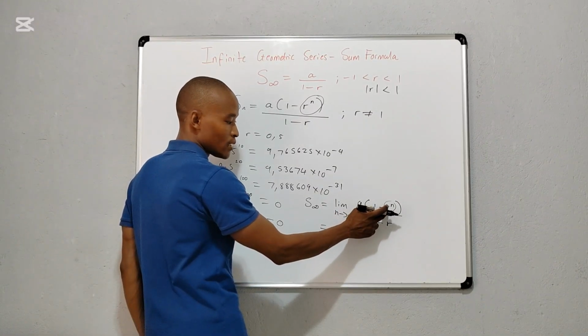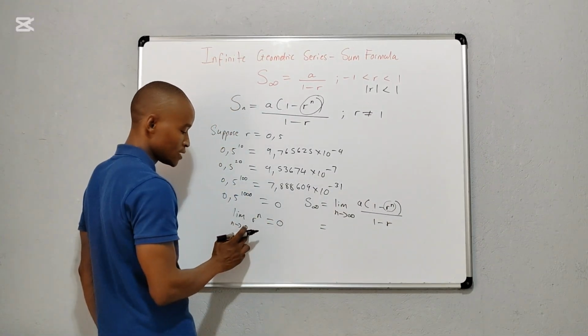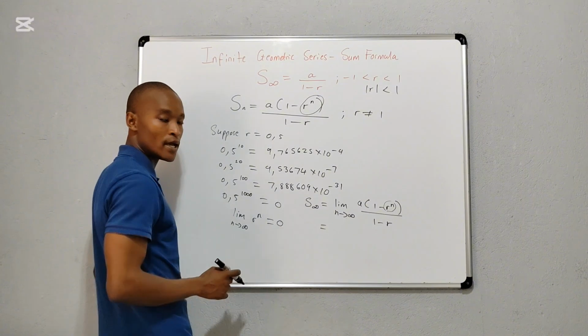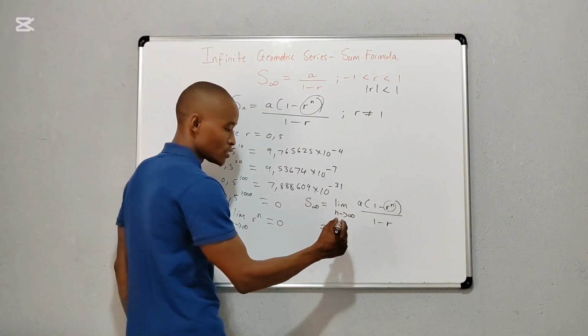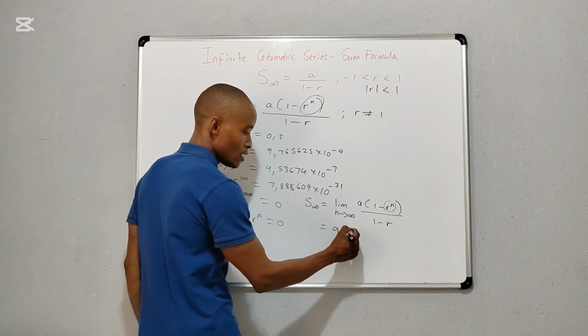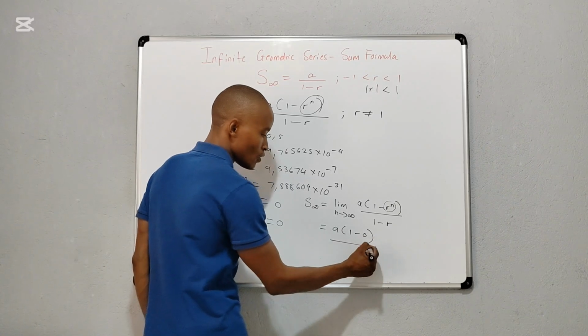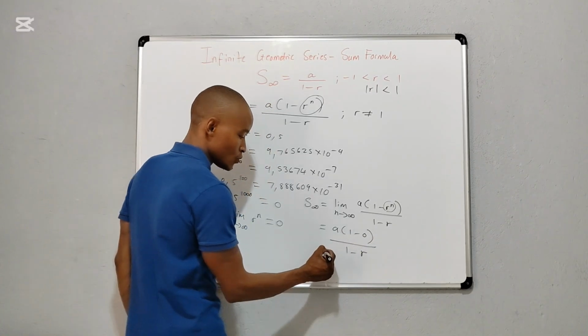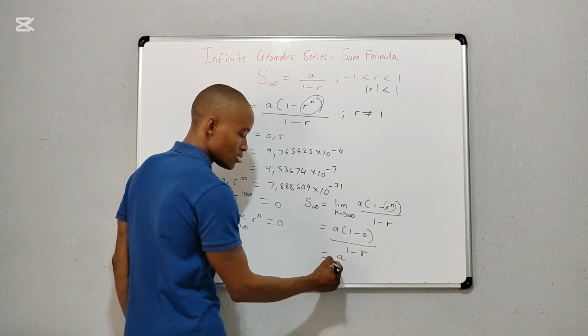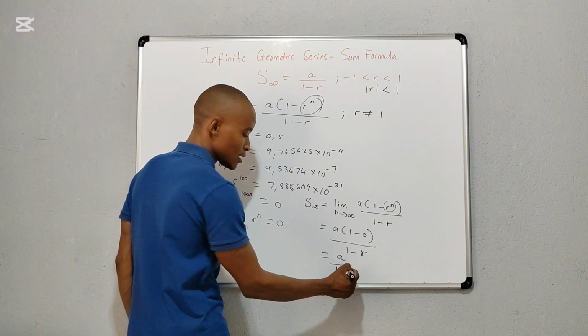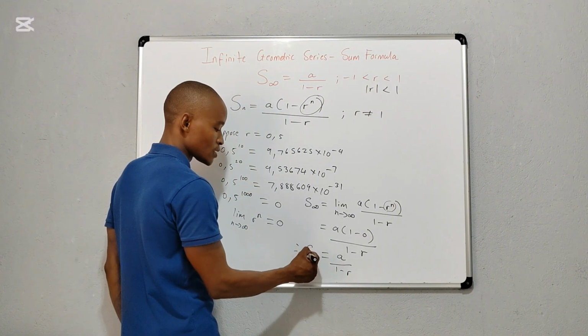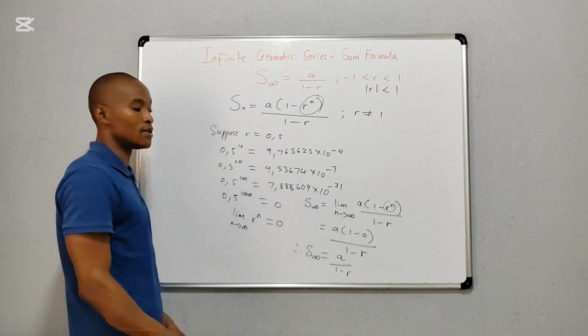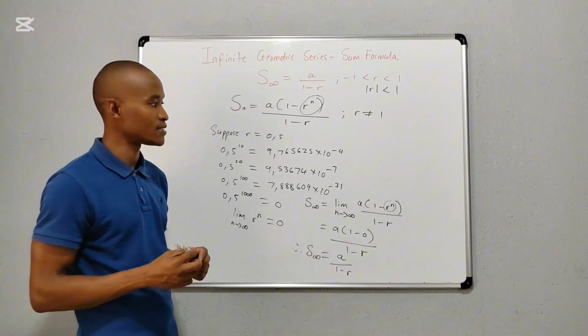So we know that as n tends to infinity, this will tend to 0. So we end up with a(1 minus 0) over 1 minus r, which will end up giving us a over 1 minus r, and therefore that is our sum to infinity formula for a geometric series.